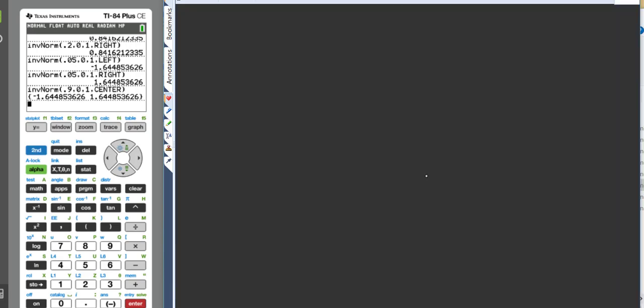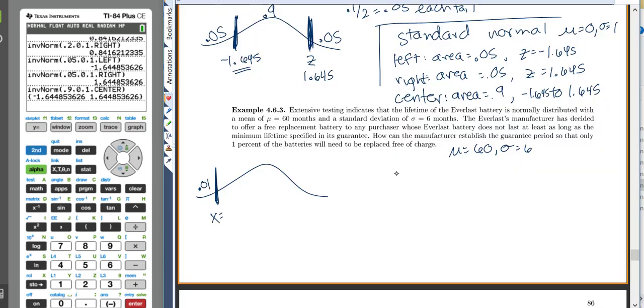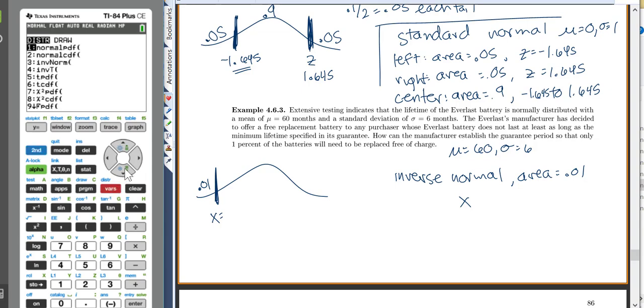So again, let's do inverse norm. And we'll use an area of 0.01. So my area is 0.01. My mean now, though, is 60 because it's not a standard normal distribution anymore.